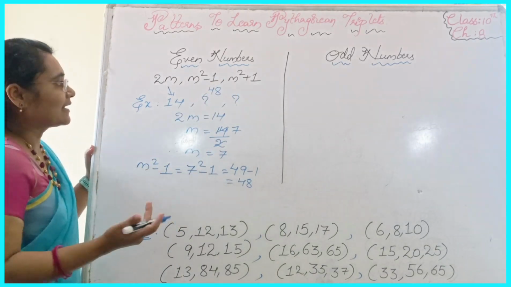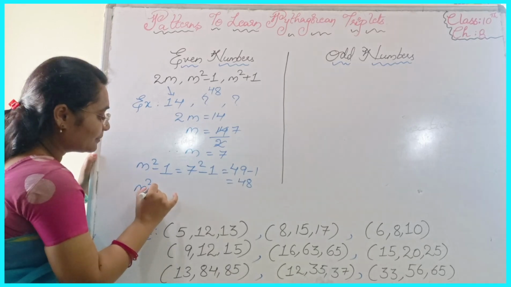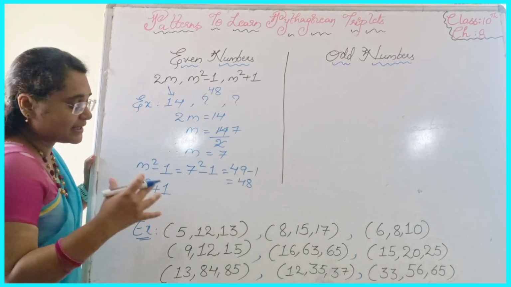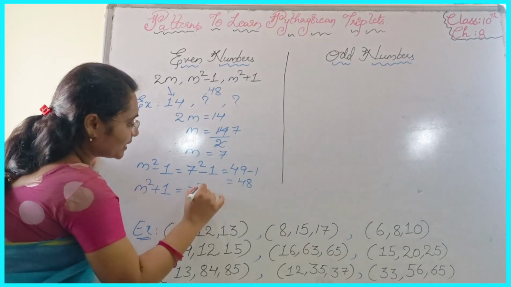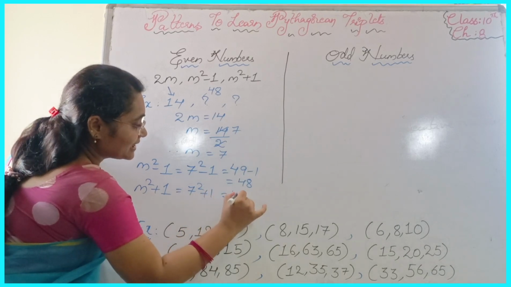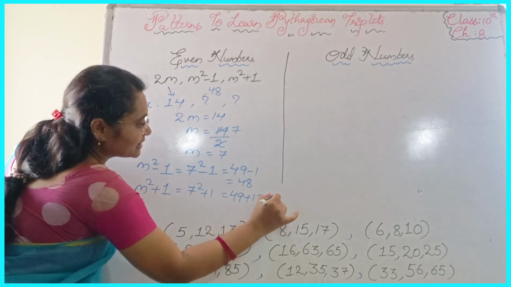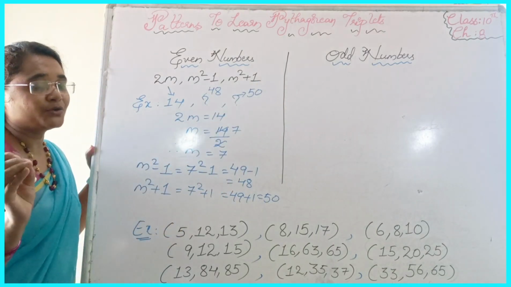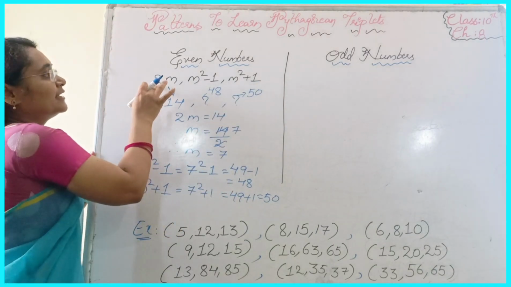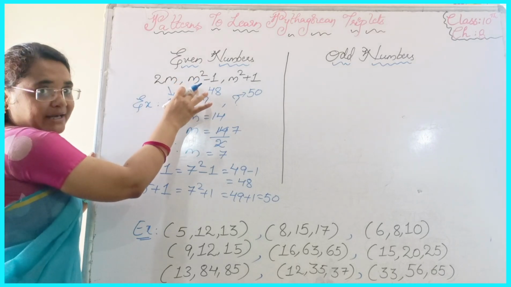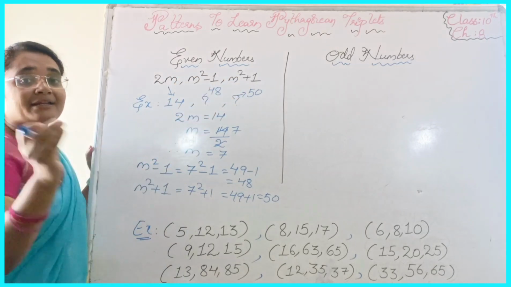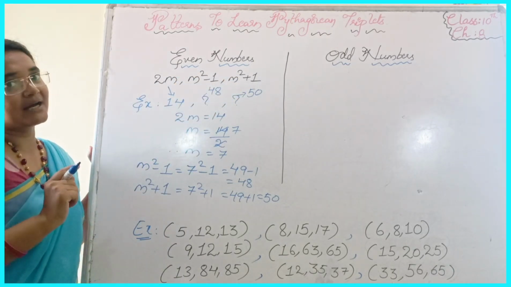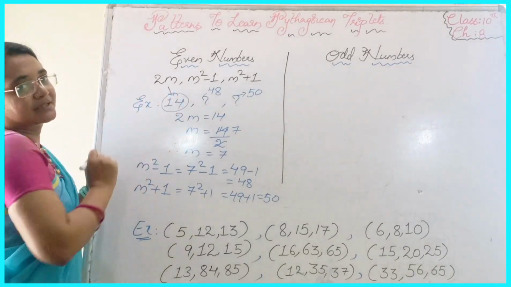Now moving to the third value, m square plus 1. It will be easy for you when you know m square minus 1. So 7 square plus 1, 49 plus 1, 50. So what is our third missing value? 50. So we came to know, by following the pattern 2m, m square minus 1, m square plus 1, when we get one number as an even number.